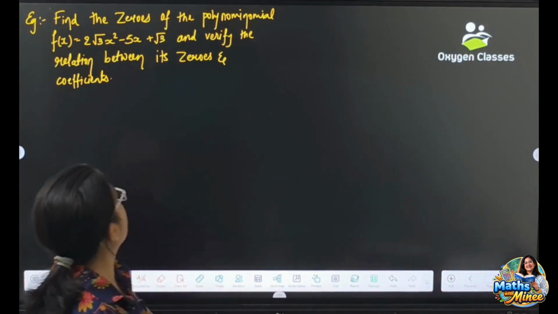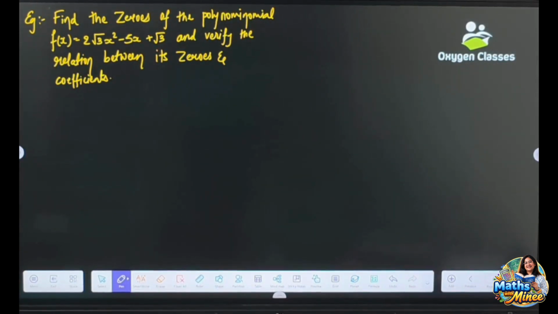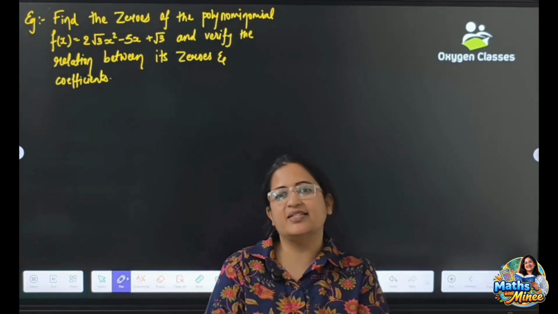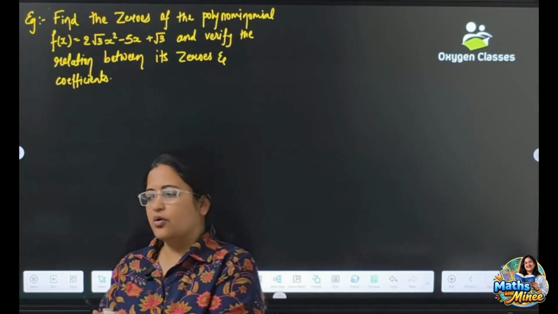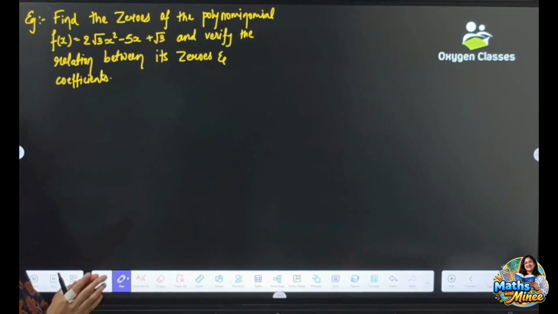Okay, so here we have the next example. Now find the zeros of the polynomial and again verify the relation. So you know now how to verify the relation: first of all we find the zeros, once we get the zeros, we use the formula with the coefficients, and then we verify.